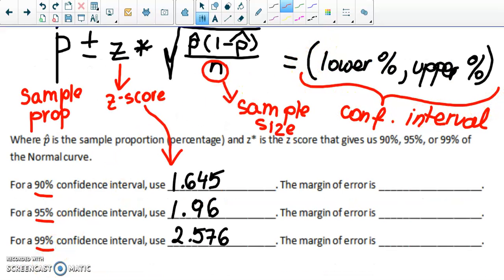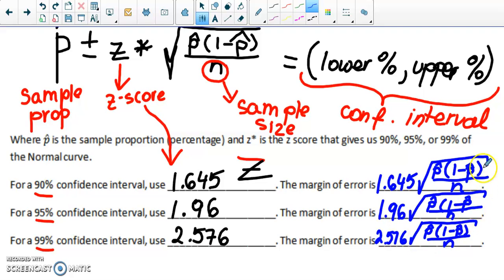So this is the confidence interval. That is your margin of error. So you're adding and subtracting the margin of error to your sample proportion. As mentioned before, your confidence level says how confident you want to be, so 90%, 95%, 99%, and these are the z-scores associated with the confidence level you want to have.